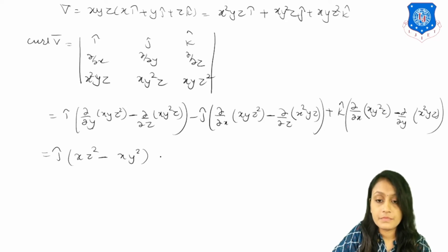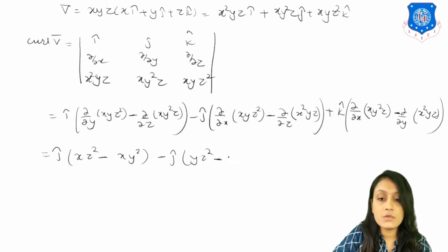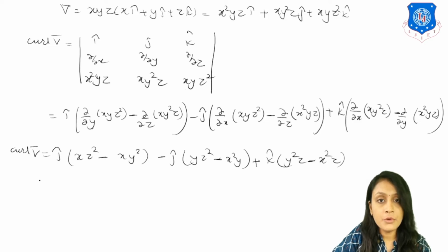Now minus j cap, derivative with respect to x, so yz square, minus derivative with respect to z, so minus x square y, plus k cap. Now derivative with respect to x will give you y square z, minus derivative with respect to y, which will give you x square z. So this is the answer of curl of v bar. So by solving this determinant, we can find the answer of curl, right?